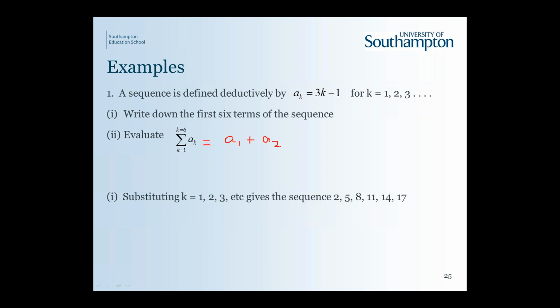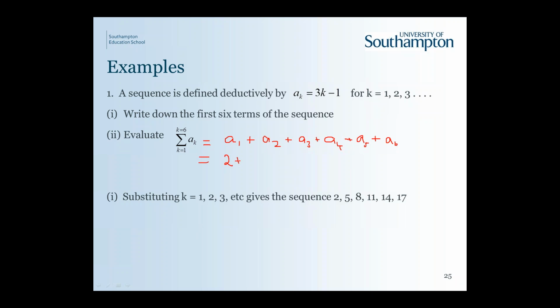So A2, A3, A4, A5, and A6, and we stop there because that's what the top one says. So what that says is the first term plus the second term plus the third term plus the fourth term plus the fifth term plus the sixth term. Now that's what you just worked out in the previous question. So you then can write out what each of those are.